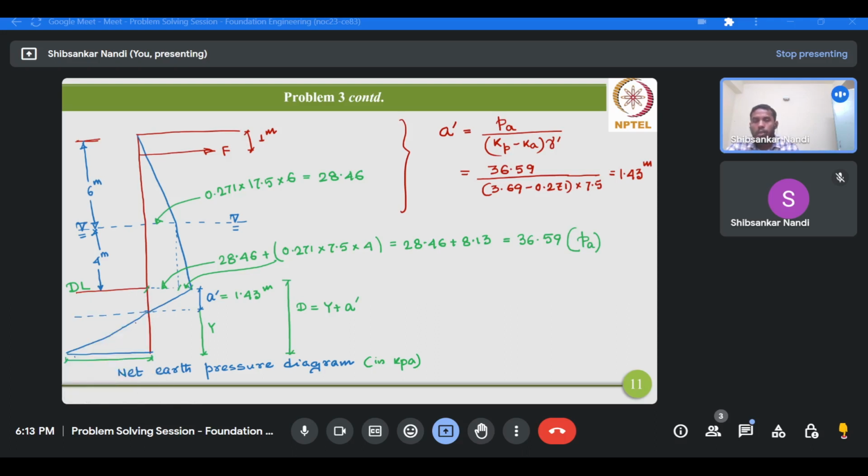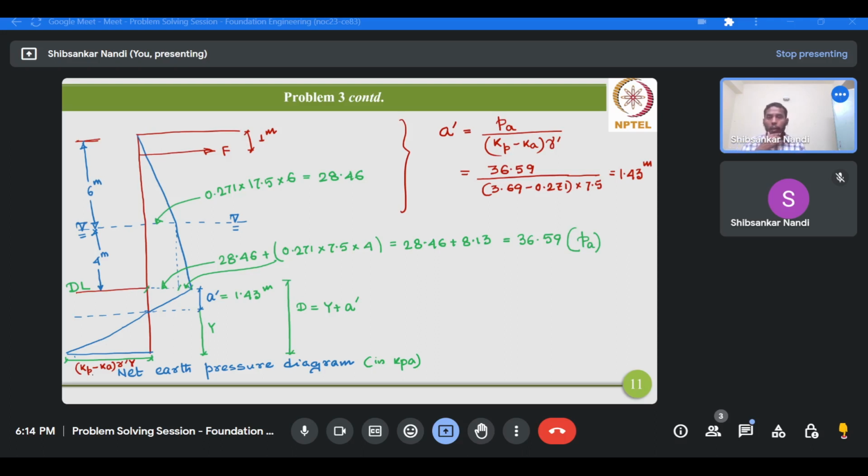This distribution follows a variation as Kp minus Ka, that is the net earth pressure coefficient, into gamma prime into Y. So this would be the net earth pressure at the base of the wall.